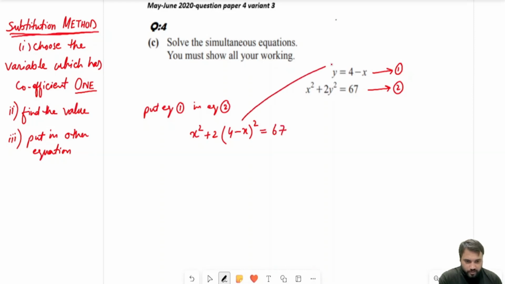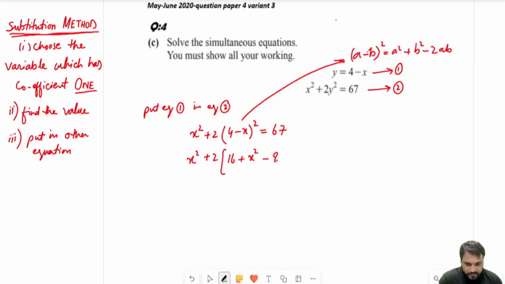Here we use the formula a minus b whole square equals a square plus b square minus 2ab in order to open it. We cannot multiply with 2 first. First we have to open it by using the formula. 4 square is equal to 16 plus second term square x square minus 2 into 4 into x.